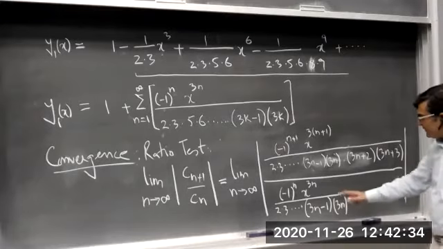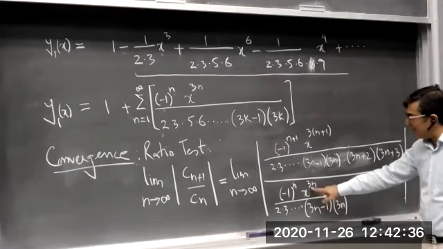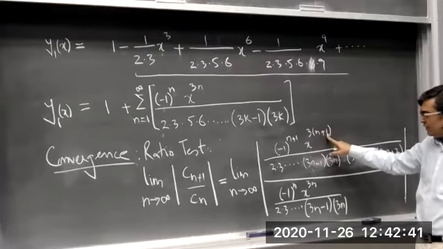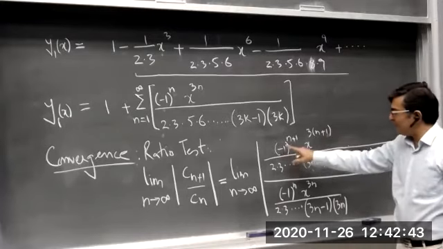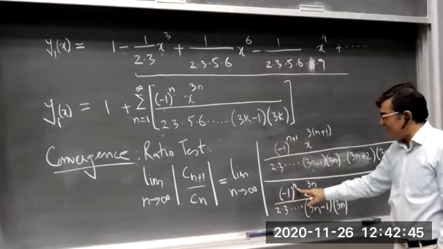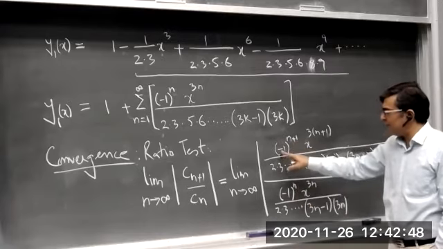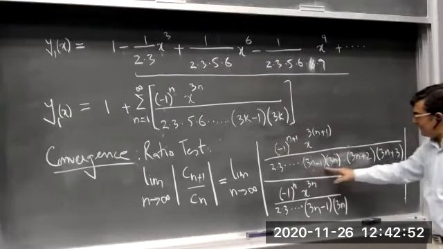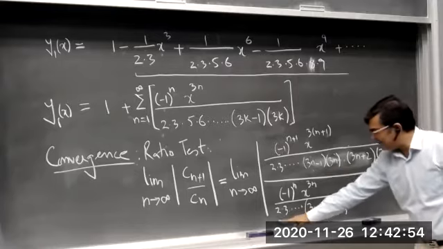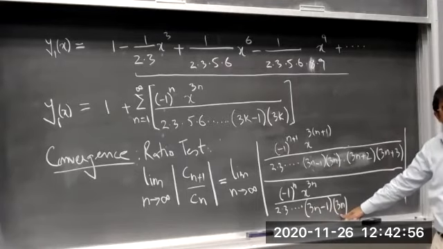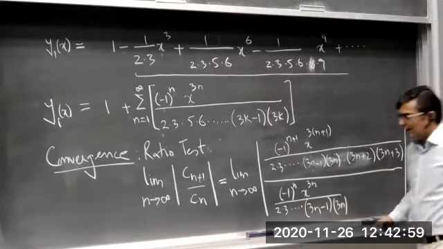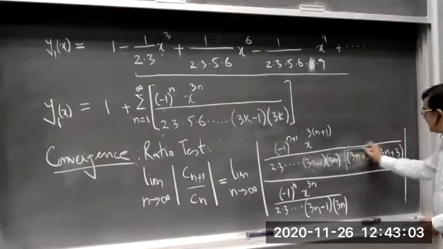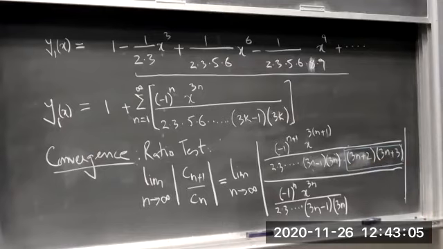Now you can see that we can cancel x power 3n with x power 3n and we'll have x power 3 here. And minus 1 raised power n plus 1 over minus 1 raised power n, the n and n cancel, we get minus 1 power 1. And all these terms until here will be cancelled out with these terms, and we are left with only this term in the denominator.